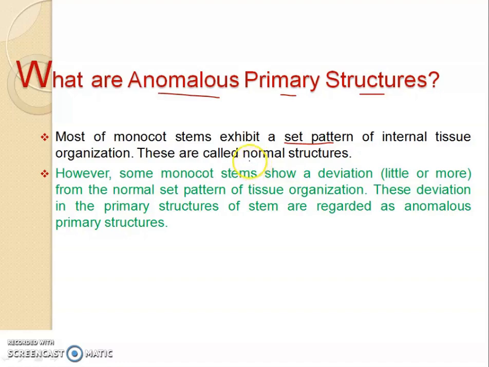These are called normal structures. However, some monocot stems show a deviation, either little or more, from the normal set pattern of tissue organization. These deviations in the primary structure of stem are regarded as anomalous primary structures.